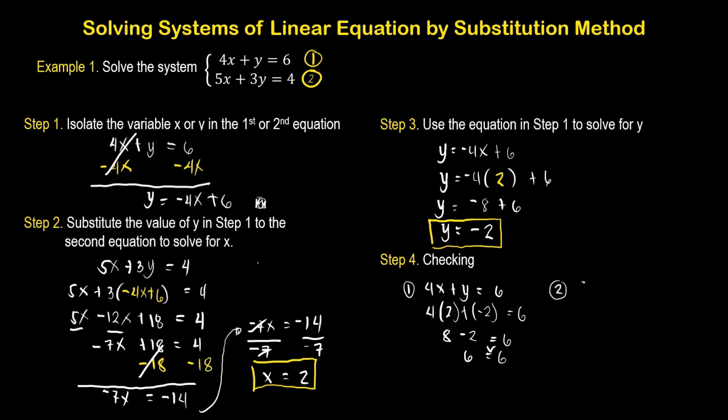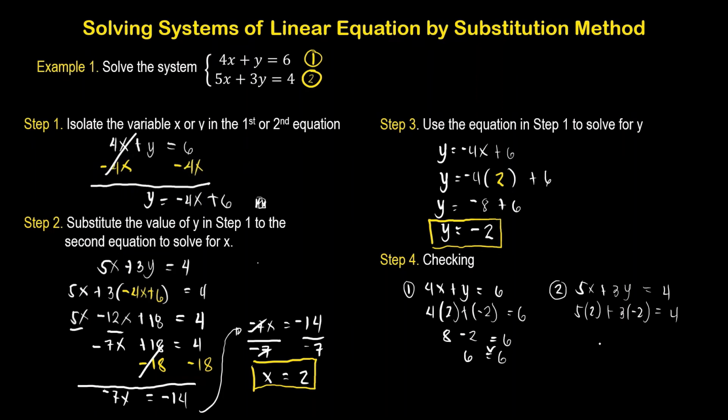So, let's use 5x plus 3y, which is our second equation, is equal to 4. So, to check natin yan, let's use the values of our x and y. So, we have 5 times the value of x, which is 2, plus 3 times the value of y, which is negative 2, is equal to 4.